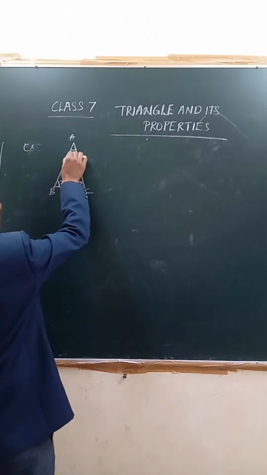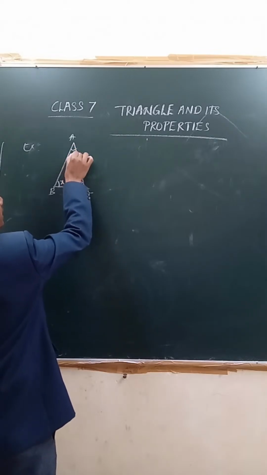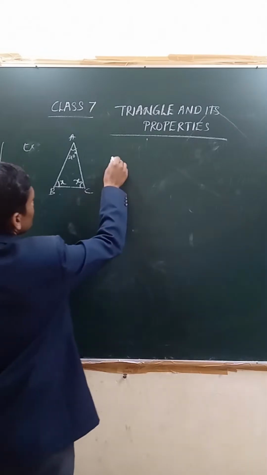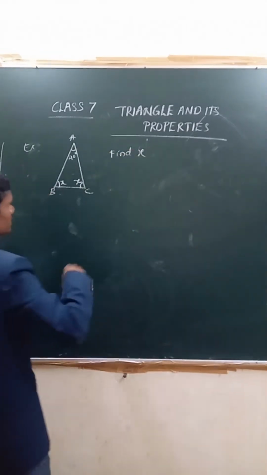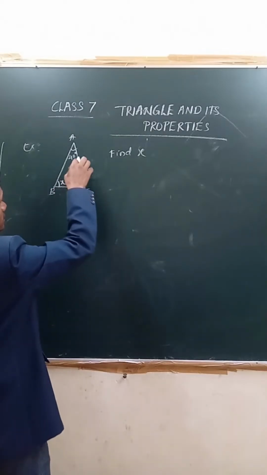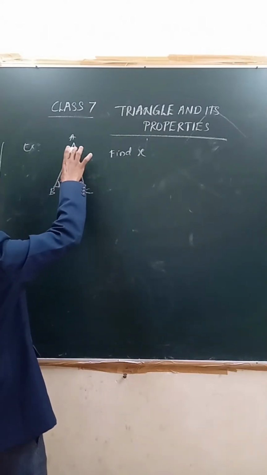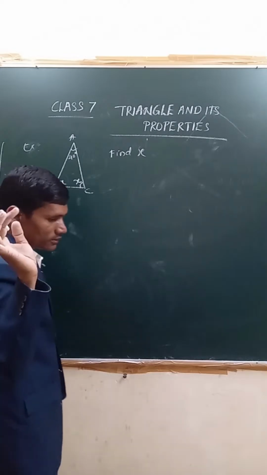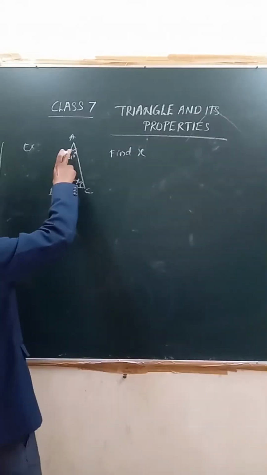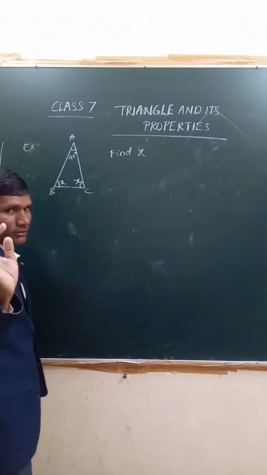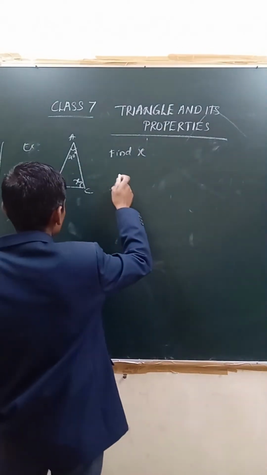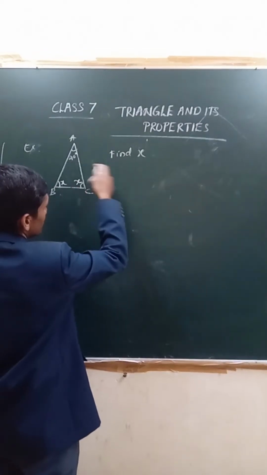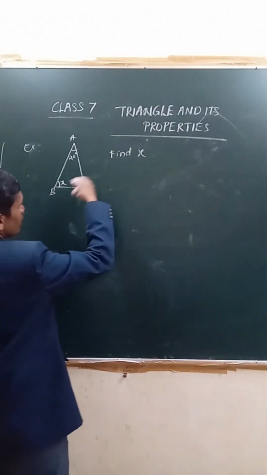Here it is 40 degree we will take, right? Find x. If it is asked, you should understand in the given figure it is an isosceles triangle. Isosceles means what? Both the sides are the same length. Okay, one side is different. In an isosceles triangle, how to find this? Again, same interior angle, with some property you have to take.